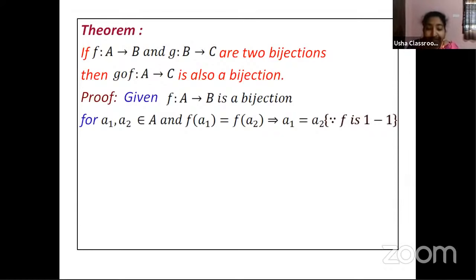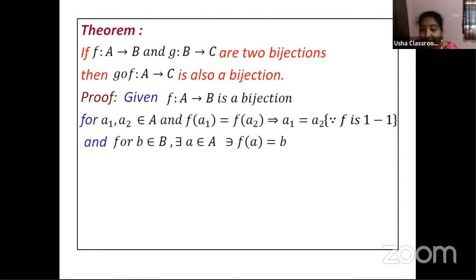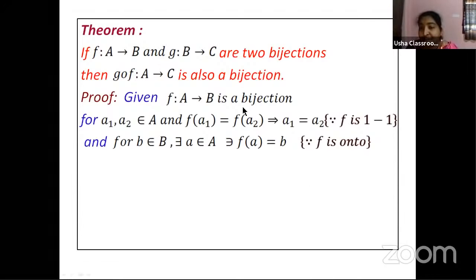So we will define it like this: for B belongs to B, there exists A belongs to A such that F of A is equal to B. This is the condition we have for an onto function. Since F is an onto function, we can always write this statement. So these two are very important deductions from this word bijection, isn't it?